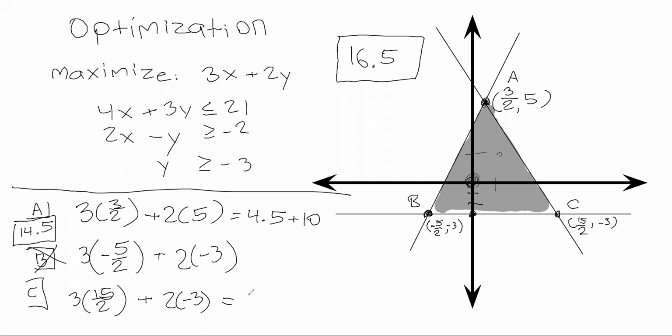So we have 45 over 2, and then we have minus 6, but 6 is the same thing as 12 over 2, so we could treat this as if it were -12 over 2. 45 minus 12 is 33, so our answer, 16.5 is correct, but 33 over 2 is also correct. Just want to put them both here to show that they are different versions of the same value.